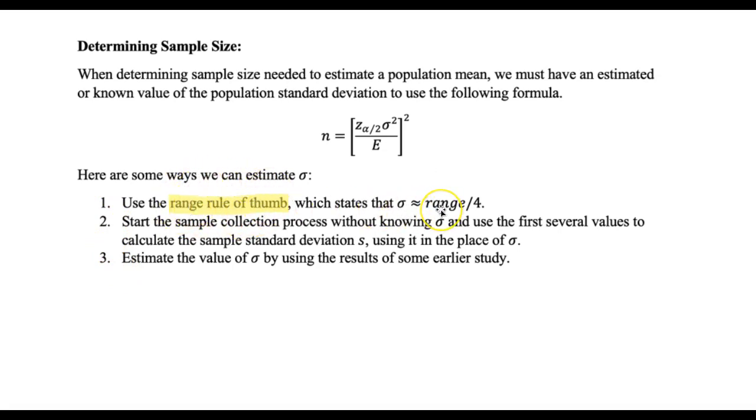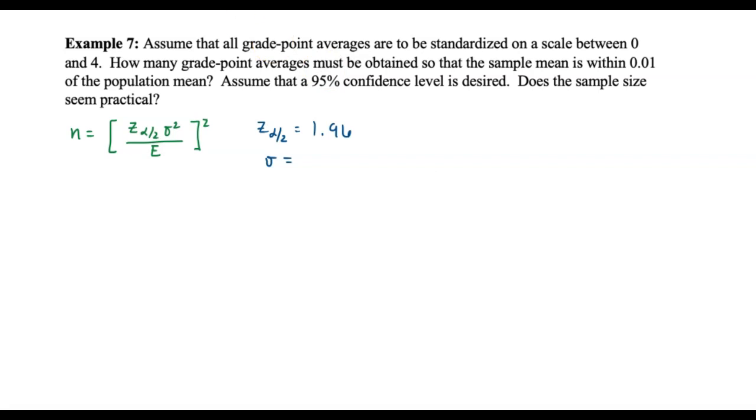So we're just taking the range and dividing it by 4. And our range is just between 0 and 4. All grade point averages are between 0 and 4. And so our population standard deviation is the range divided by 4, which is 4 divided by 4, which we know is 1, using the range rule of thumb.